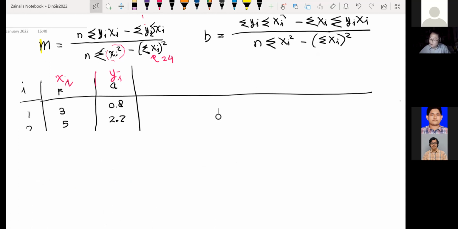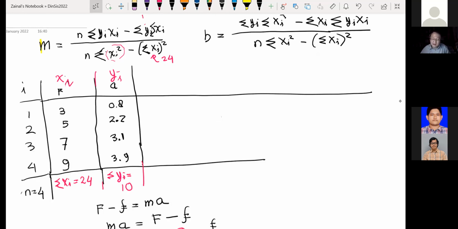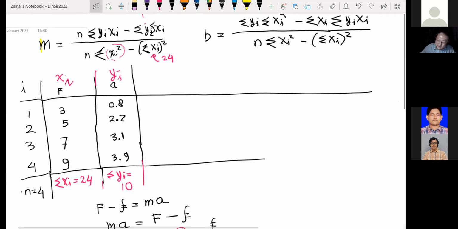Okay. What else we need to calculate? Sigma I squared. So calculate this one. X I squared. 3 squared is equal to 9. 5 squared is 25. 7 squared is 49. Okay. 9 squared is 81.